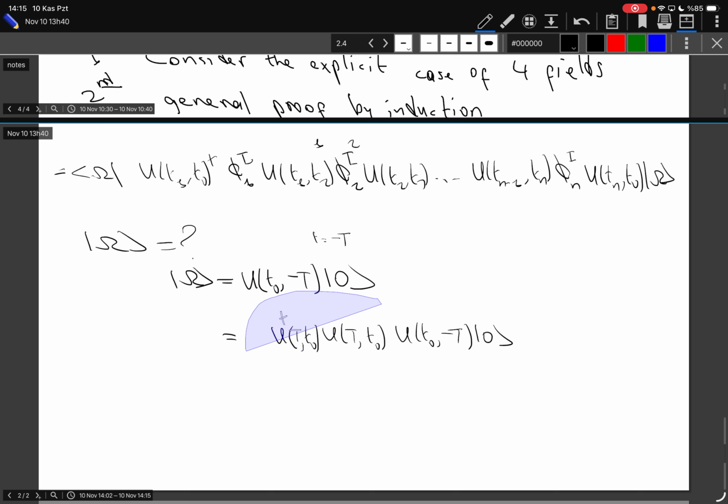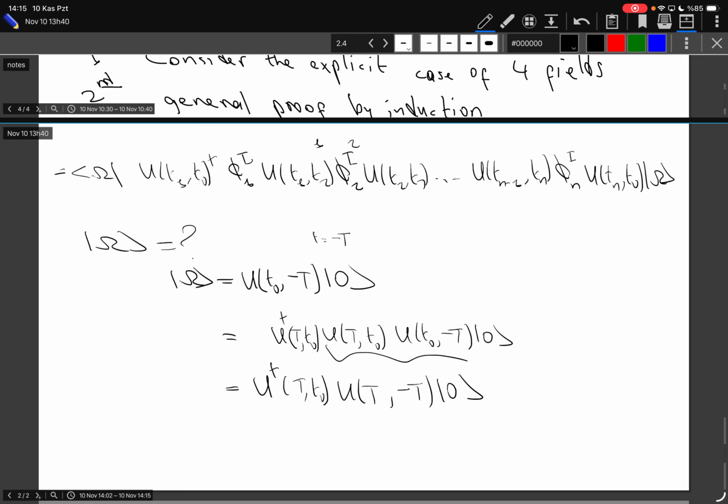This is identity, so I didn't change anything. So why did I write it like that? Let me put this over here. You see, this product is the evolution from the time minus T to the time plus T. Keep in mind that eventually I will take the limit that capital T goes to infinity.